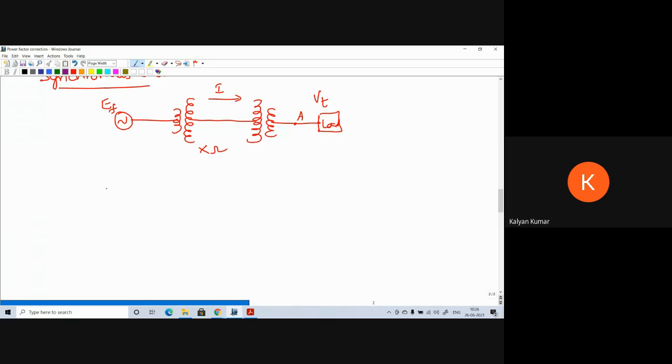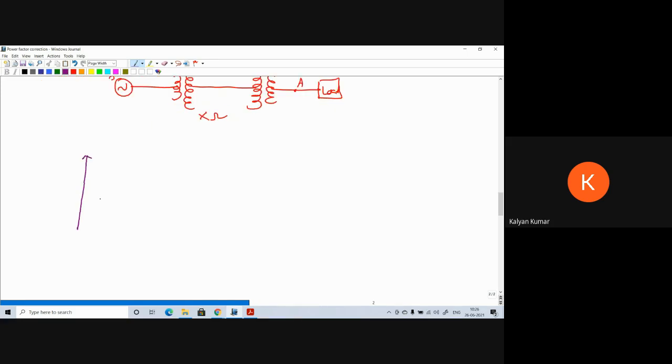Now, for this operating condition, if you draw the phasor diagram, this is VT, let's take it as reference. Then the armature current is going to lag by an angle theta, and EF is obtained by drawing a perpendicular.